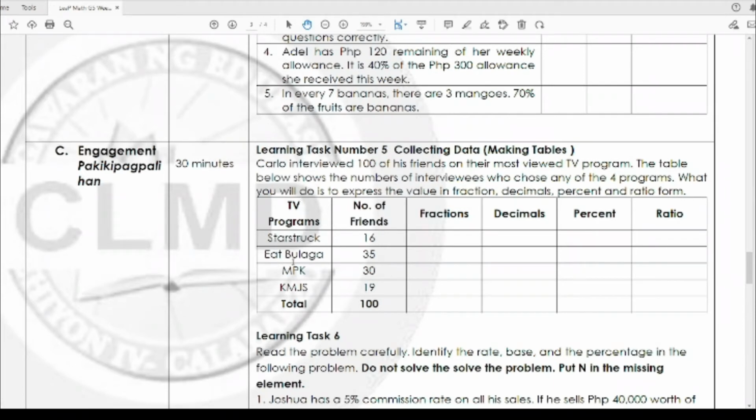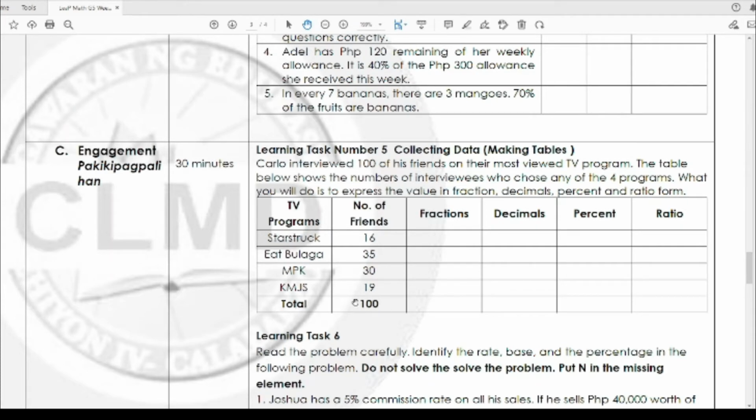So from the first column, you will see the TV programs. Number 1 is Starstruck. Number of friends who viewed it, 16. Eat Bulaga, 35. Magpakailanman, 30. KMJS, 19.